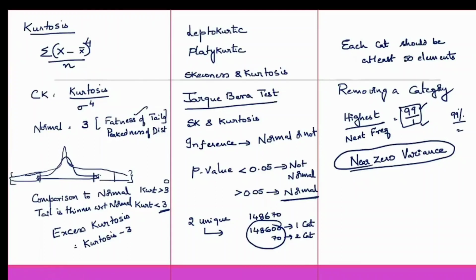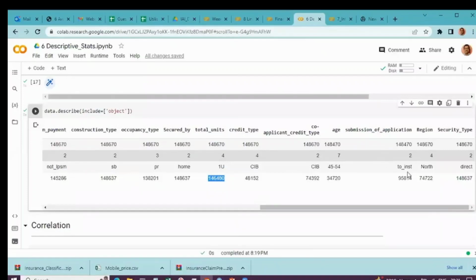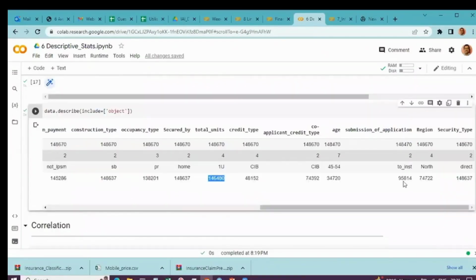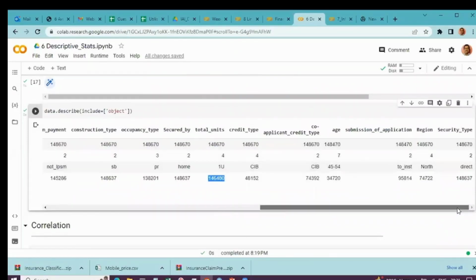So right now we are only doing that kind of observatory stuff, right? Then the submission to the application is fine. The region, 4 regions are there. And security type also we have the same problem, right? Probably looks like 1,48,637, which means 33 observations are typically going for a toss.